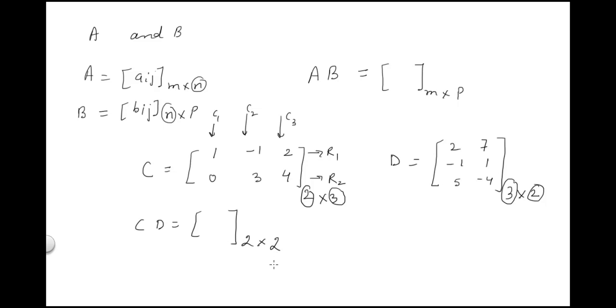Now we will understand with this example how to proceed for multiplication of matrices. To multiply matrix C and D, you have to write matrix C first and matrix D after it. Now when we multiply, look carefully at the first row and first column.